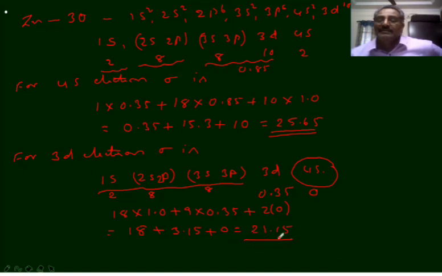For d electron, the screening constant is 21.15. For s electron in the same atom, in the valence shell, the screening constant is 25.65 for the same atom zinc. These are the screening constants of two different electrons present in the 4s orbital and 3d orbital for the zinc atom.